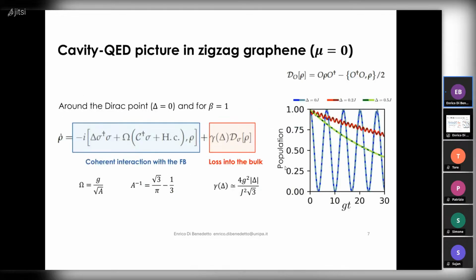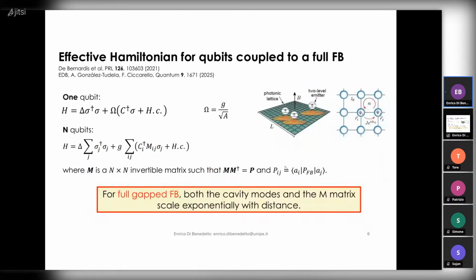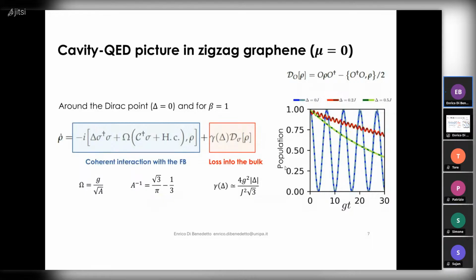So now, how does all this framework change in our case? This is a Hamiltonian framework, right? Because I'm assuming that my flatband is gapped from the rest of the spectrum. In our case, first of all, we have a partial flatband. Second of all, our flatband is not gapped from the rest of the spectrum, which means that we cannot really do a simple Hamiltonian description.